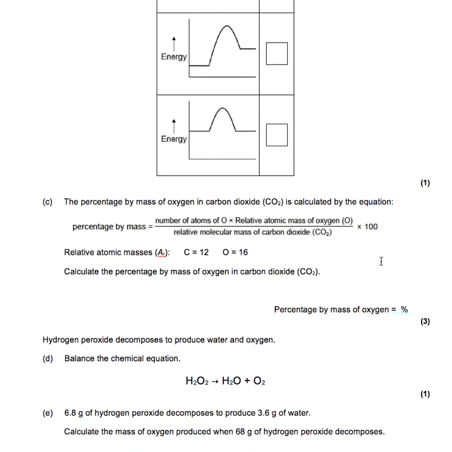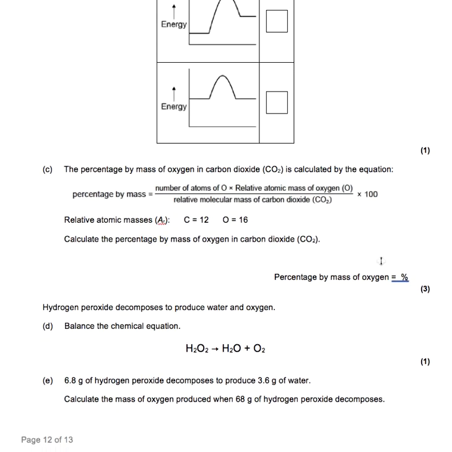And in C, the percentage of mass of oxygen in carbon dioxide is calculated by that equation. Calculate the percentage by mass of oxygen in carbon dioxide. Well, you have 2 atoms of oxygen times the relative atomic mass, which is 16. So you have 2 times 16 on the top line, divided by the relative molecular mass of carbon dioxide, which is, of course, 1 carbon and 2 oxygens.